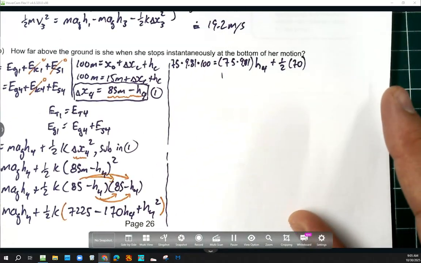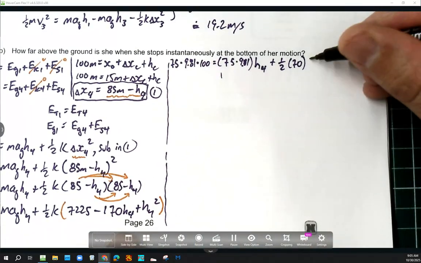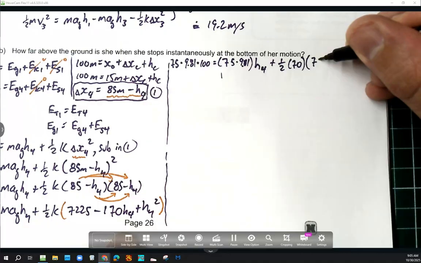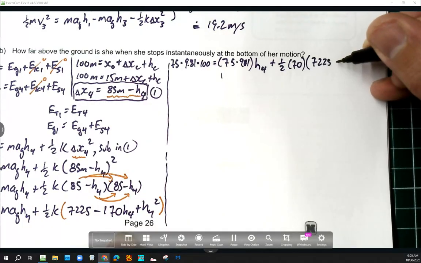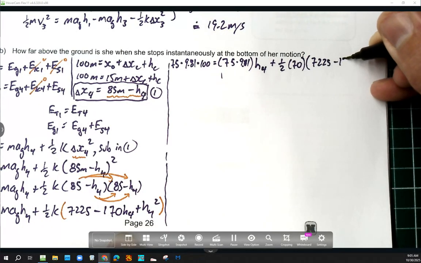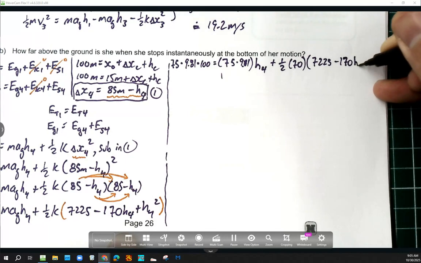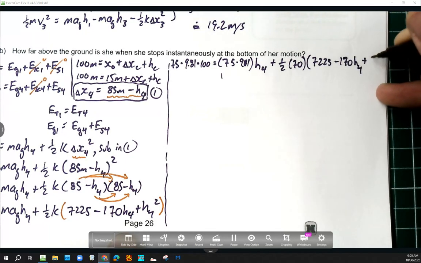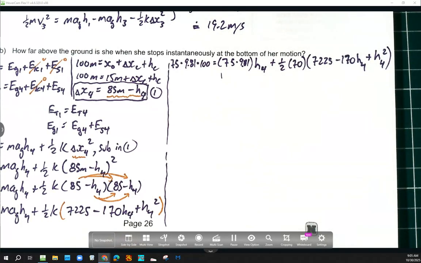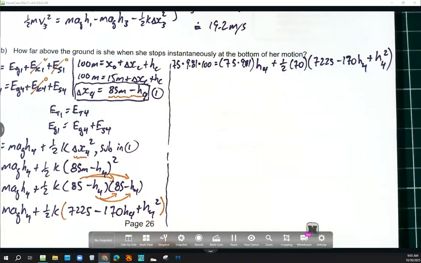And I'm going to have to pan over. So 7,225 minus 170 H4 plus H4 squared. Close bracket. And again, this really highlights that the only thing we don't know right now is H4, or the height at the very, very bottomest.